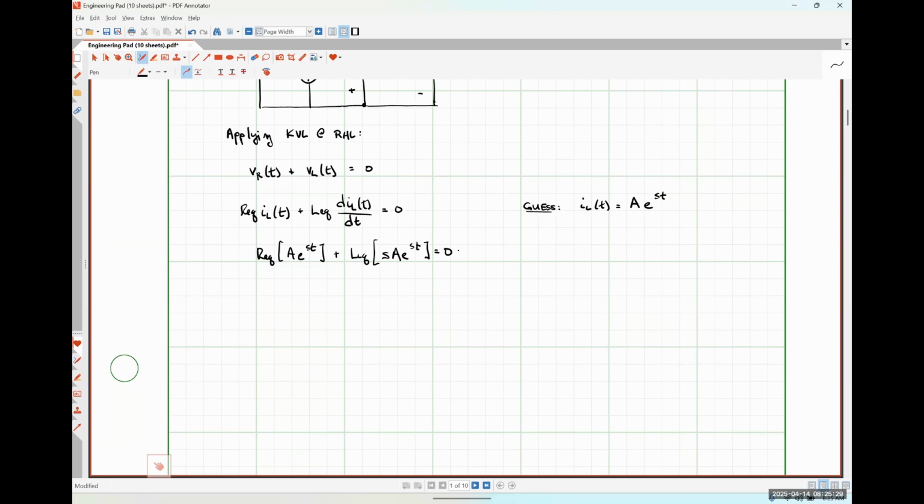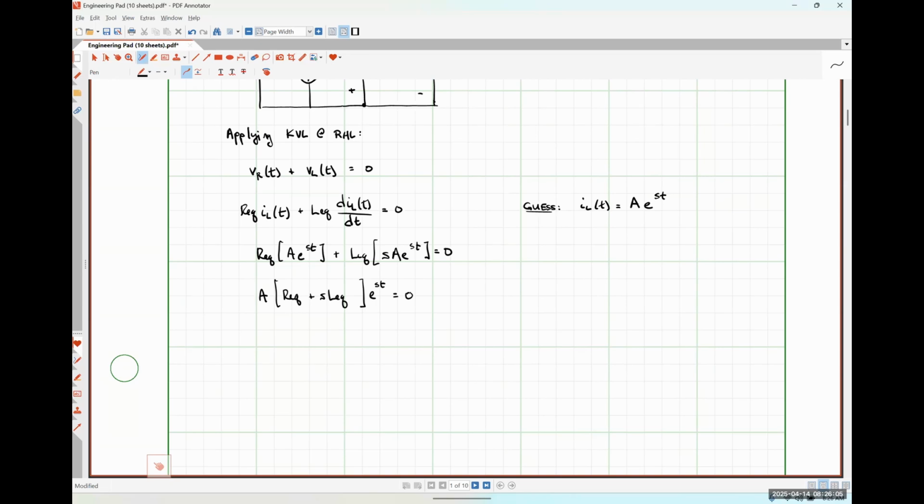So I can see that I have a common factor of A in both terms, so I'm going to move that to the left-hand side. I've got a common factor of e to the st in both terms, so I'm going to move that to the right-hand side. And here in the middle, I'm just going to put what's left. So unless I'm making a mistake here, this is going to look like REQ plus s times LEQ. And then I'll set this equal to 0.